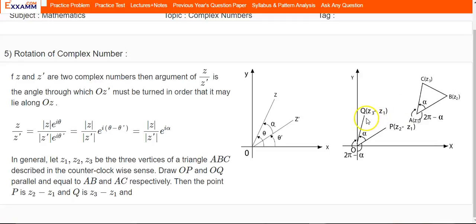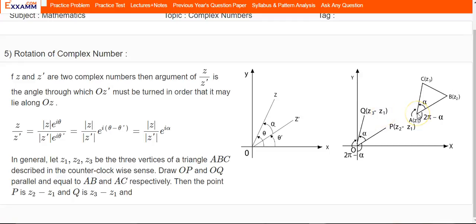So in this case, what are the revised coordinates of P and Q? P would be Z2 minus Z1, because Z2 minus Z1 was the length of AB, and Z3 minus Z1 was the length of AC. We have already done these calculations in the representation of complex number in Argand plane. So the point P would be Z2 minus Z1, and point Q would be Z3 minus Z1.